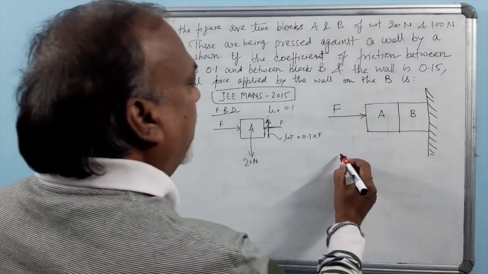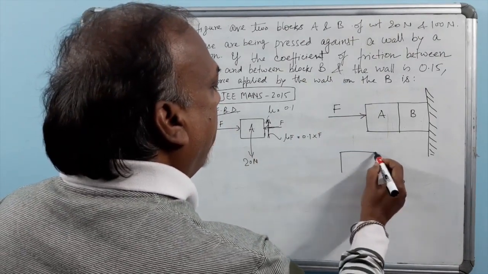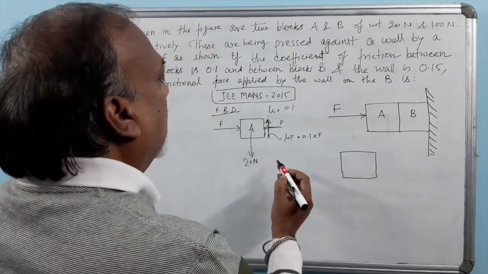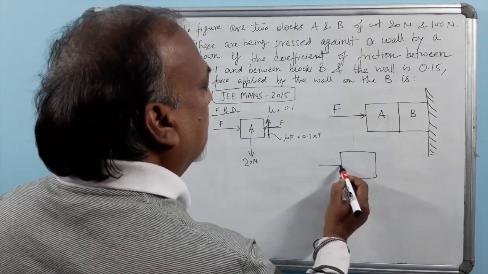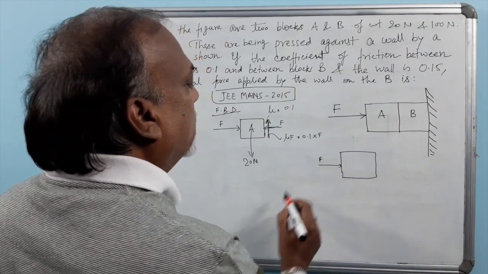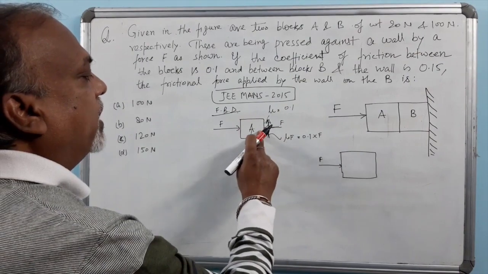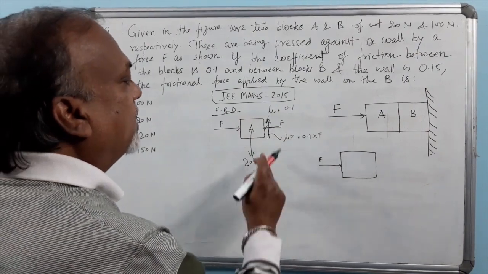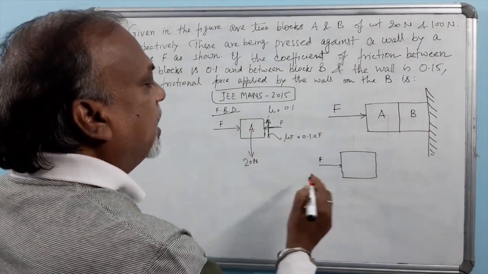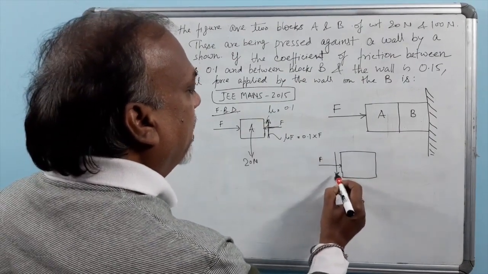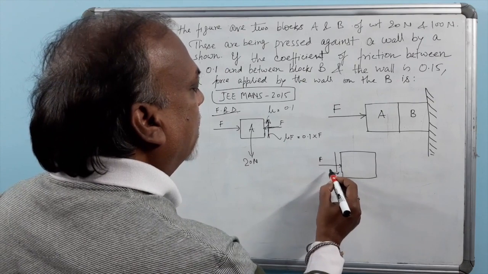Now block B, the free body diagram of block B. This is F, this is F in this direction, so it will be in this direction. Now the frictional force is in upward direction, so here it will be in downward direction.